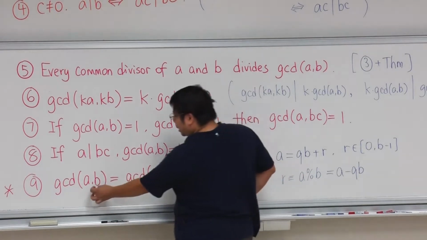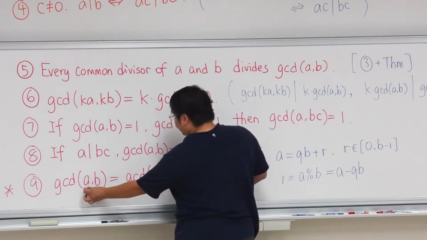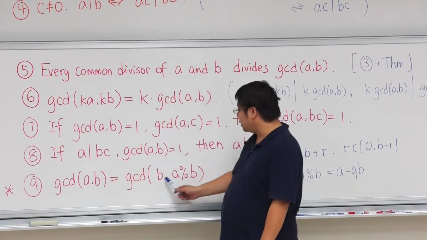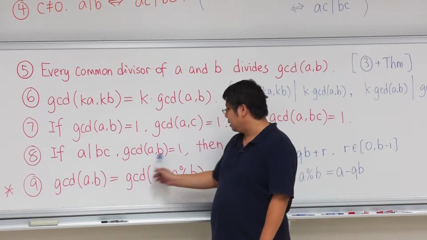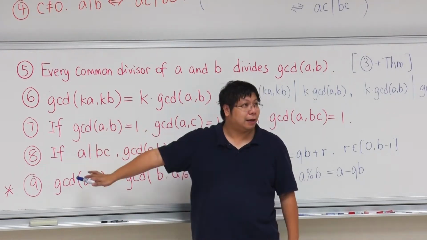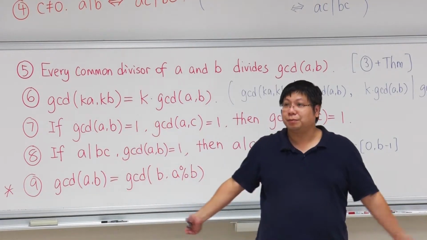So A is a linear combination of B and this remainder. So this overall thing is a linear combination of these two terms, so it is divisible by this part. The right-hand side divides the left-hand side, and the left-hand side divides the right-hand side, so they have to be equal. So this is the proof.